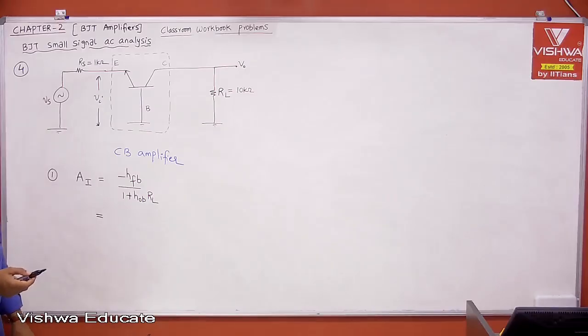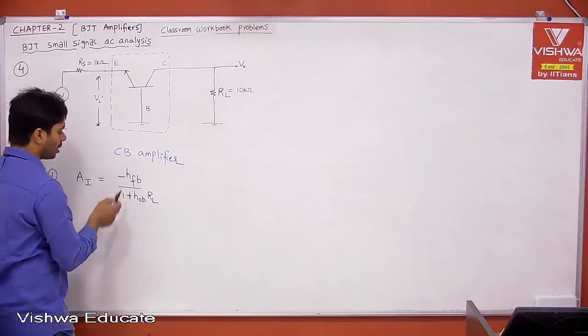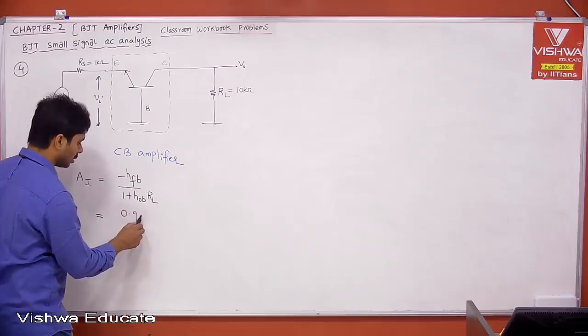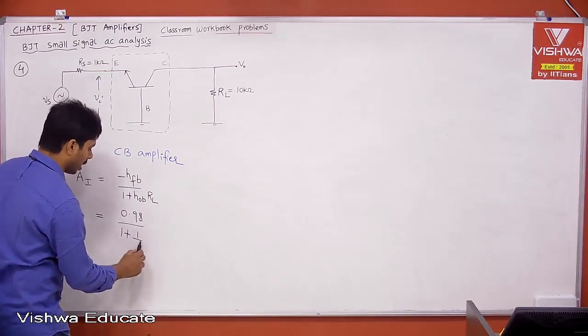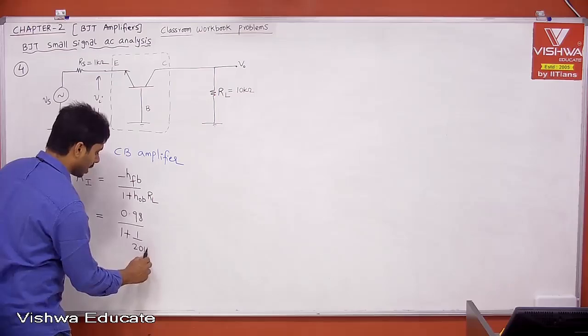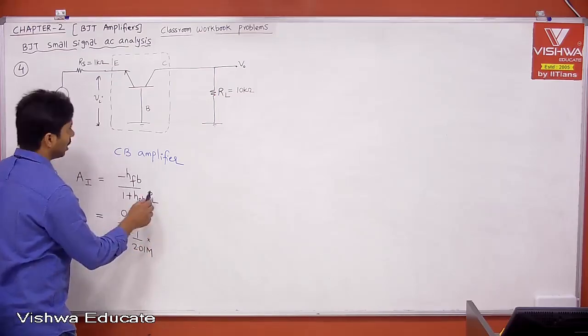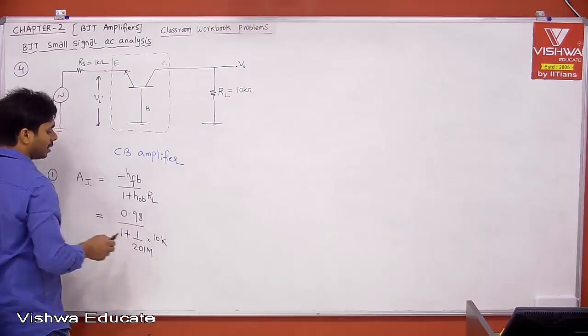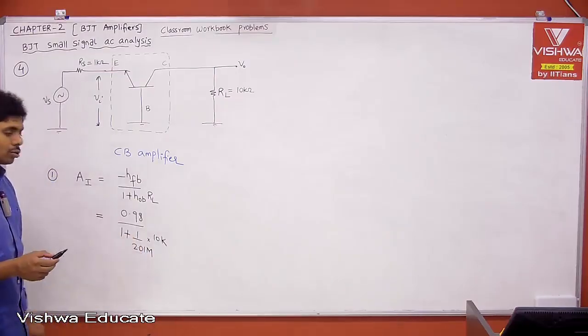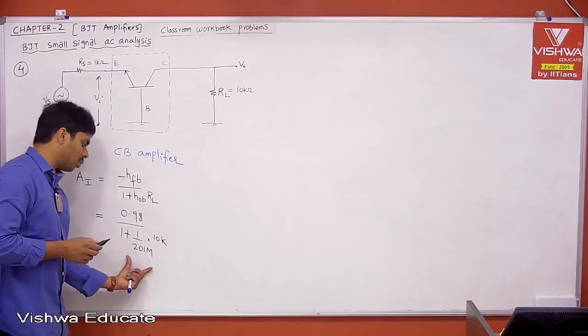Then you substitute. What is HFB? I gave it. If you want to convert into CH parameters, you can, but let us substitute and get. Therefore, minus into minus plus 0.98. Therefore, this is 0.98 divided by 1 plus, what is HOB? 1 by 2.01 mega ohm into RL, 10K. What is 10K by 2 mega ohm? Let me take it approximately 2 mega ohm, which is 2000 kilo ohm.